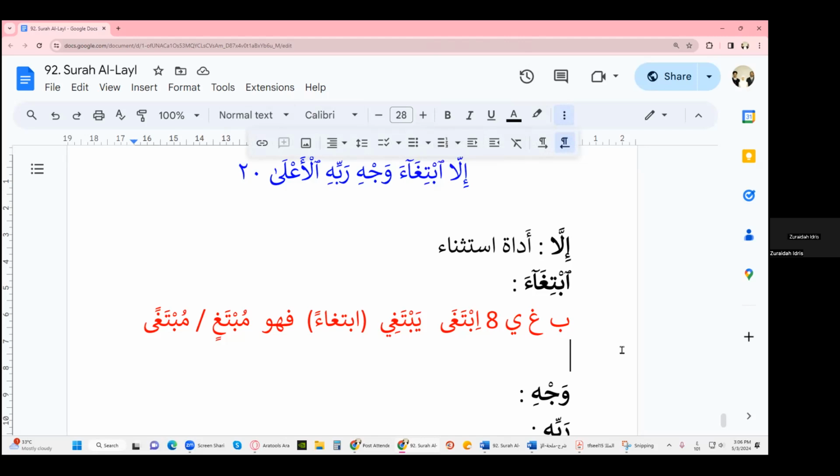No, wait. Which one's the ibtigha'a? You just did it here. Oh yes, it's a masdar. It's an isim. So this mustasna is just an isim.